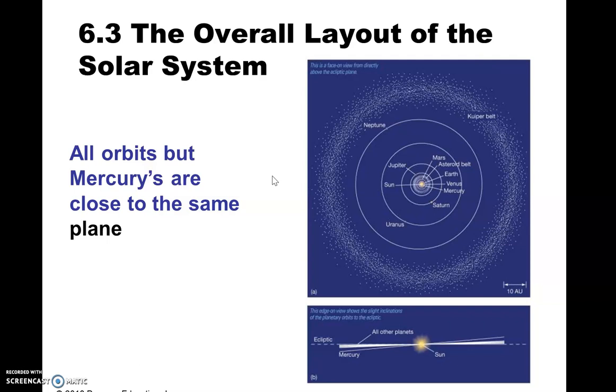All the planets would orbit some point, which of course would represent the Sun, on a relatively flat plane. The exception to that is Mercury. Mercury is kind of on a tilt, and so is Pluto. Pluto is actually on a much greater tilt than Mercury is, but we're talking about the planets here.